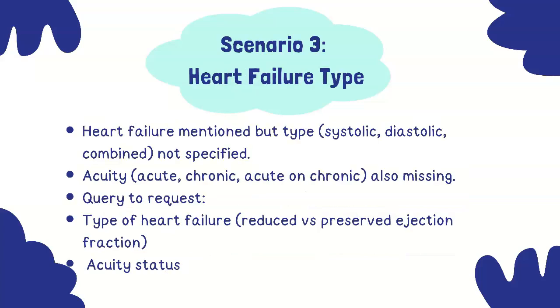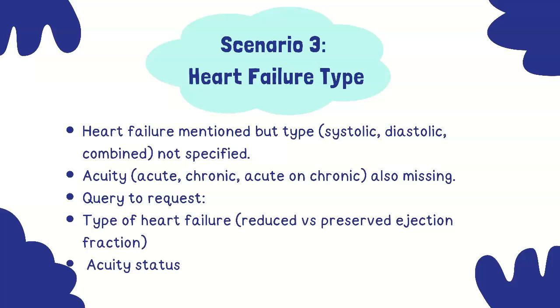All right, next up, heart failure. We talked about this multiple times. So, heart failure documented in the record, but the type is unspecified. And so, we need to know, is it systolic?